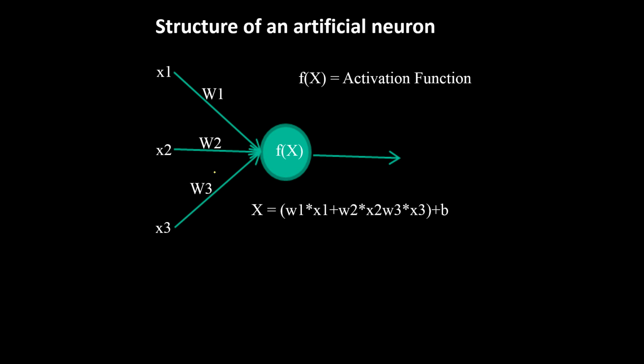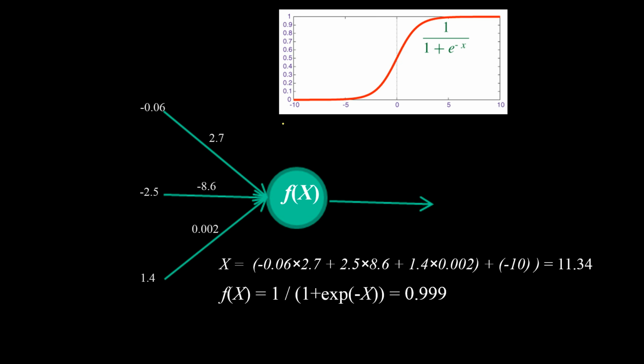There are a lot of activation functions. For example, suppose you consider a sigmoid activation function. For sigmoid, if your weighted sum of x is large, then it will be activated. Its value will be closer to 1. And if it is a small value, then it will be close to 0.